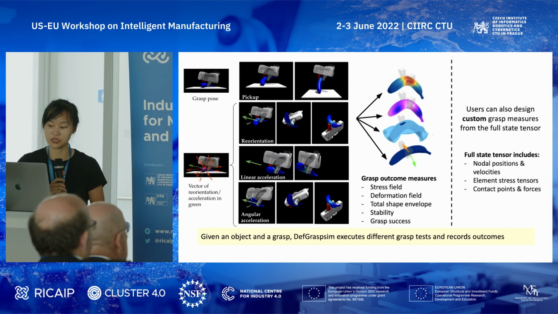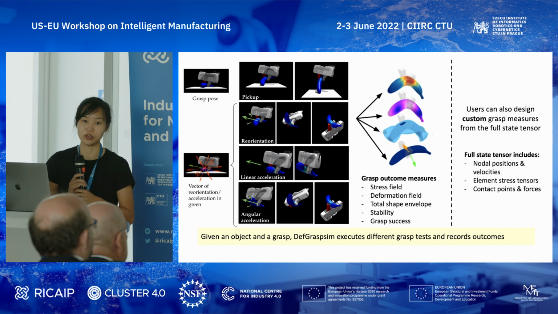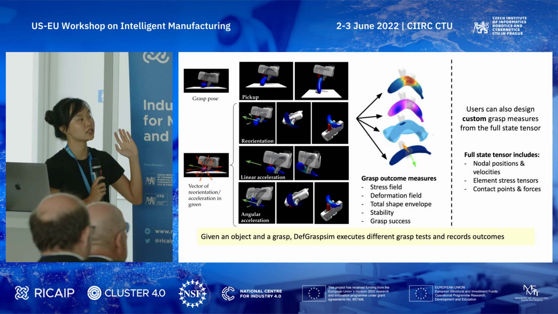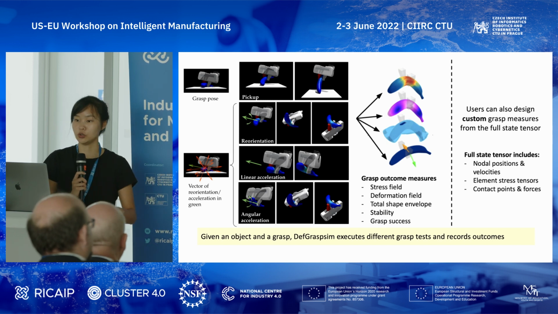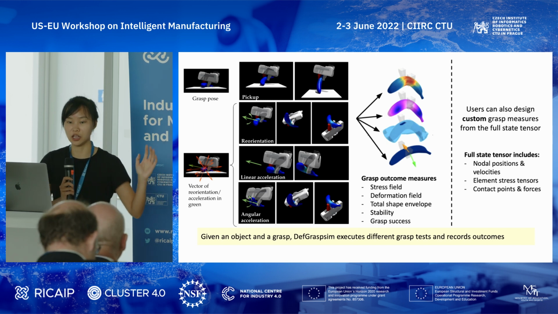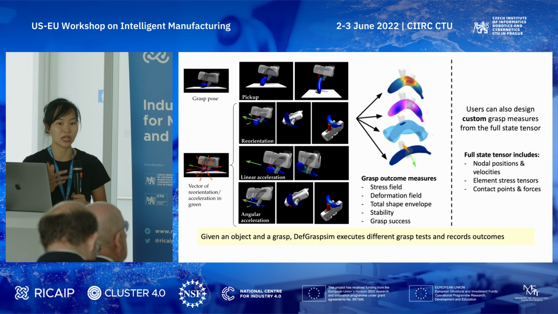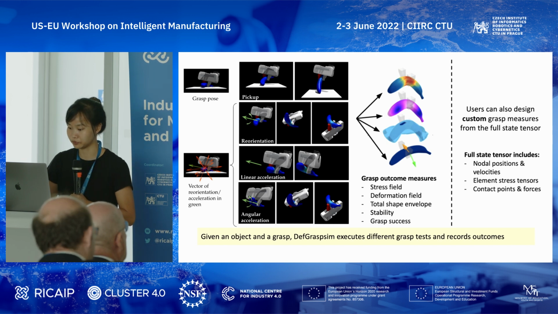Users can also design custom grasp measures that they're interested in, because at each step of the simulation, you have access to a full state tensor that includes nodal positions, element stress tensors, contact points, and contact forces.